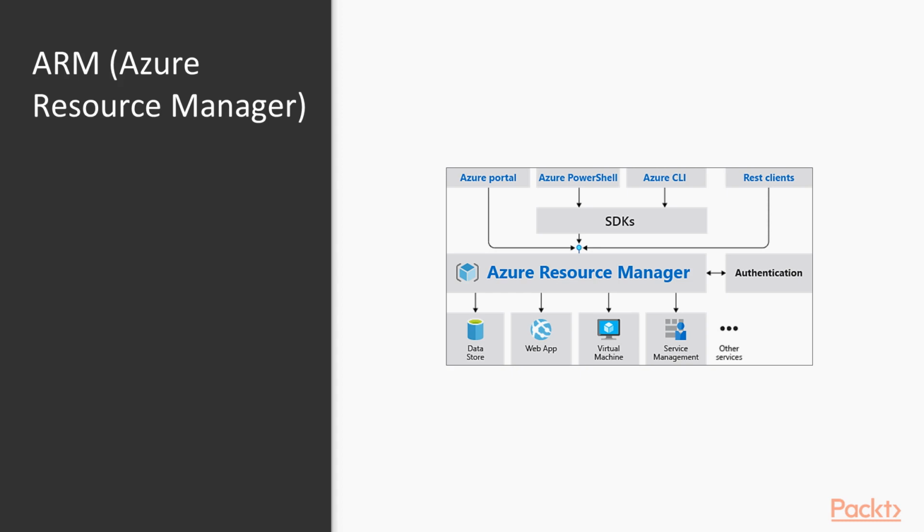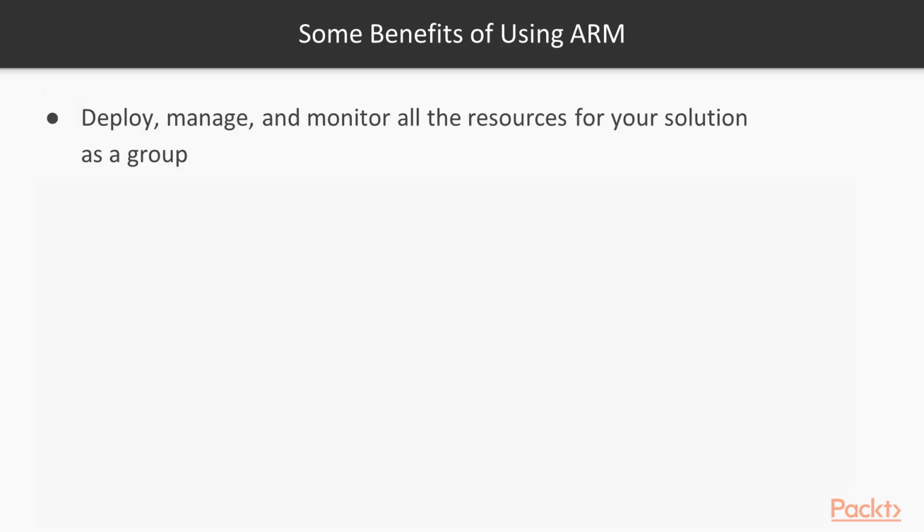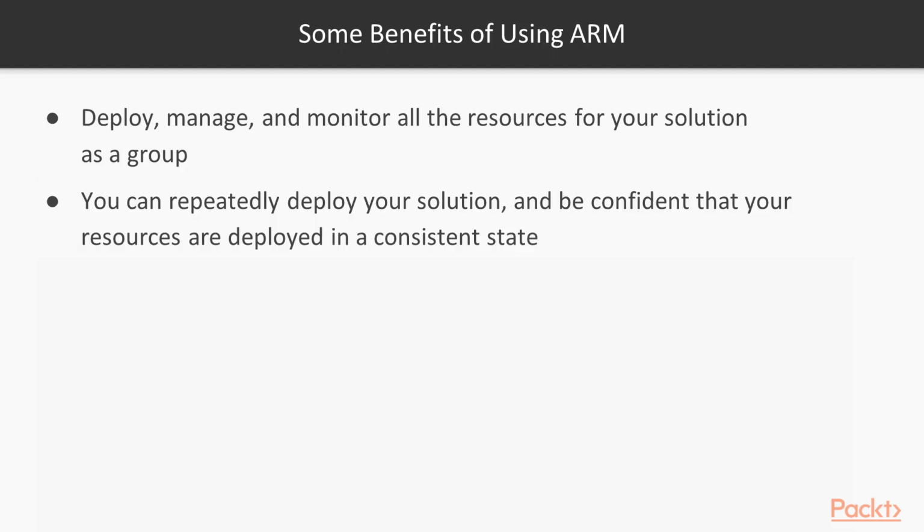When you take actions through the portal, PowerShell, CLI or REST APIs, or even SDKs, the Azure Resource Manager API handles your request. Some of the benefits of using ARM templates are shown on the screen. You can deploy and manage everything as a group, and you can repeat your deployment so you will have confidence everything is in a consistent state.